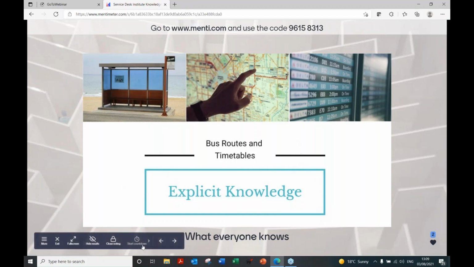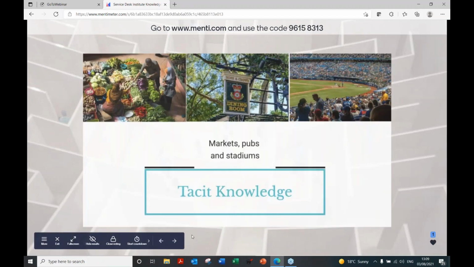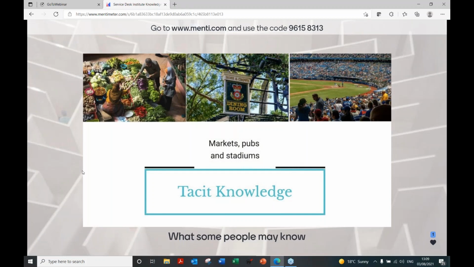The other thing that you want to capture on your map is tacit knowledge. This is the how-do-you-do-something knowledge, the kind of thing that you can really only learn by experience, by watching somebody else. There's no guarantee with tacit knowledge that anybody in your business knows what to do, particularly if it's something you haven't done before.